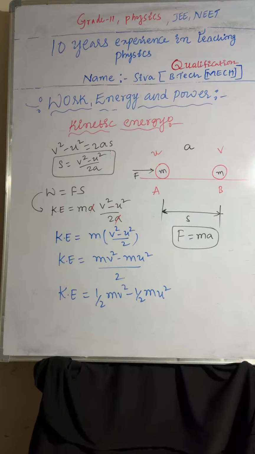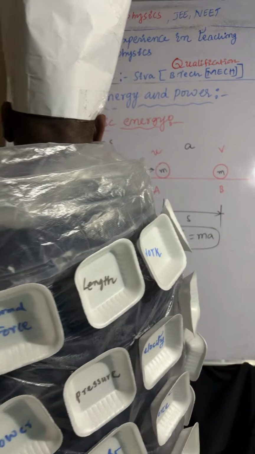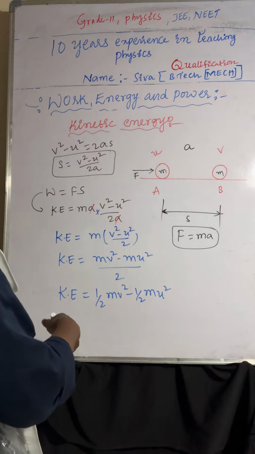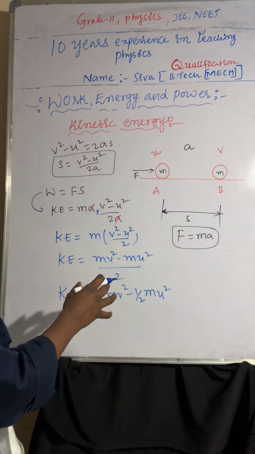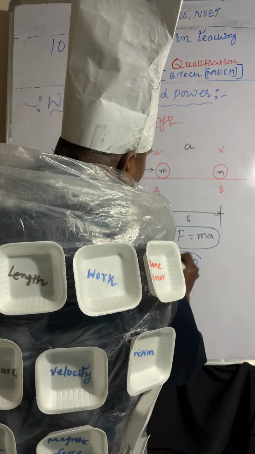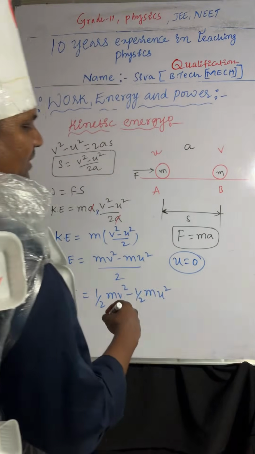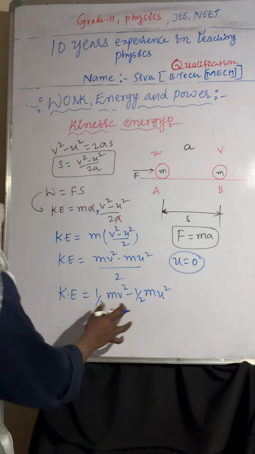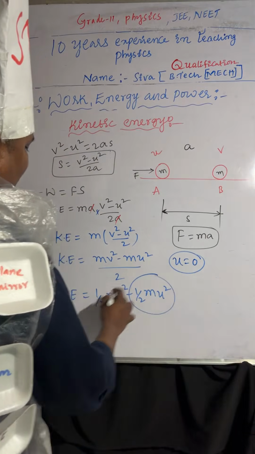Then K equals ma into V square minus U square by 2a, and a gets cancelled. If the body is starting from rest, the initial velocity is 0 meter per second, so the entire U term becomes 0.